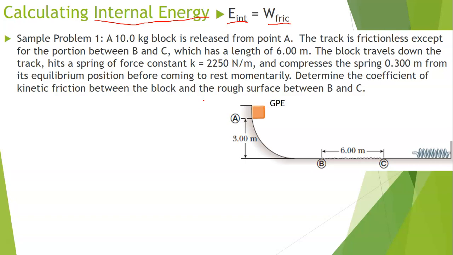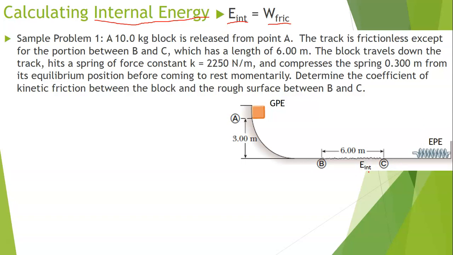In the final scenario, we're actually going to have two types of energy, because right here, there's going to be some internal energy, like thermal energy and sound energy created by friction. And then also in our final scenario, we're going to have elastic potential energy.